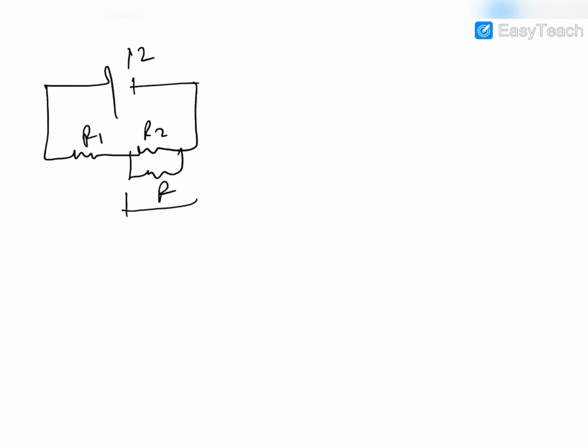Then the voltage across this is 6, and this is also 6, which means that R1 is equal to R2 upon R1 plus R2, because these two will be same.